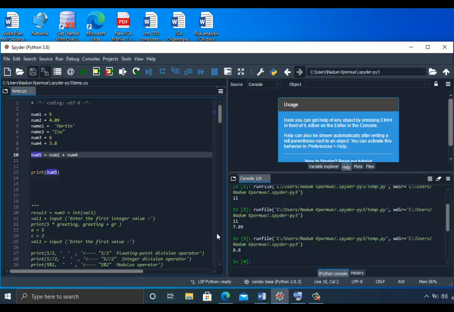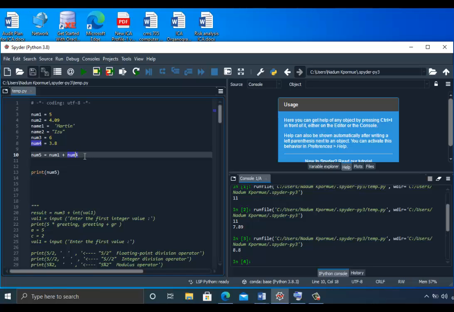We have 8.8. So by default, we could see the identifier, we could see here now that the Python interpreter was able to give this num5 the data type float because of the result that was gotten from num1 plus num2, because by the time you add 5 plus 5, which is an integer, plus 3.8, the result will be what? 8.8.